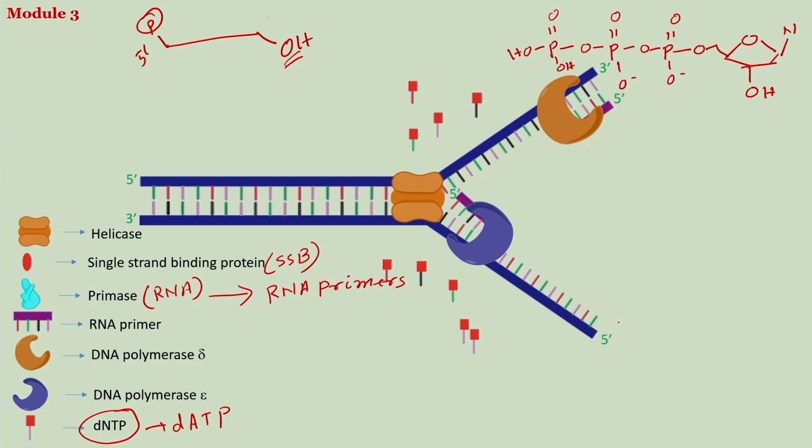If this is the complementary 5 prime, that has to be the 3 prime, and if you have the 3 prime end, then the elongation can only occur in this direction, not in that direction. If you have the primer here, then you can make the elongation in this direction, because here you have the free 3 prime hydroxyl and that is the reactive species. According to the template, the suitable nucleobases will be picked up by the polymerase and stitched together.